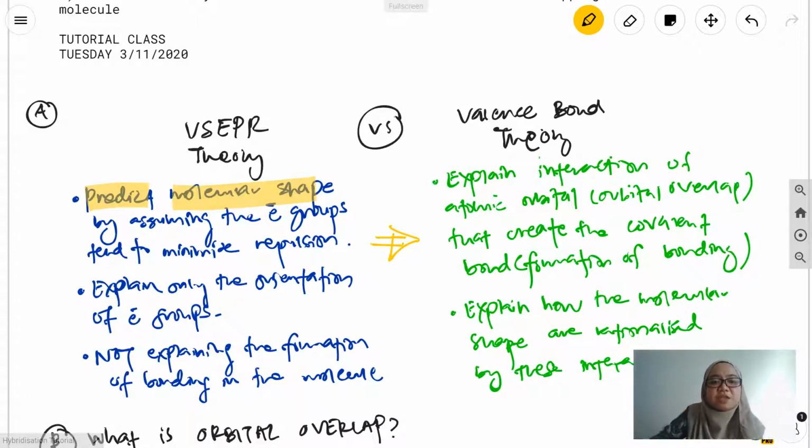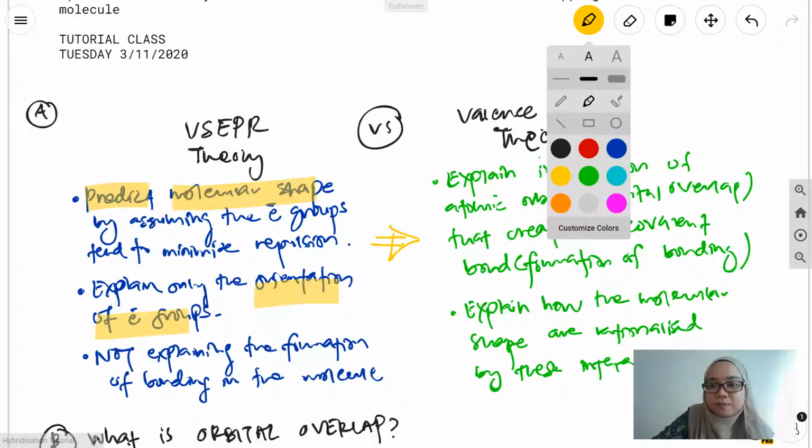So VSEPR theory only explains the orientation of electron groups. Alright, they are not explaining how the bonding forms in the molecule. So that is why we use this valence bond theory.